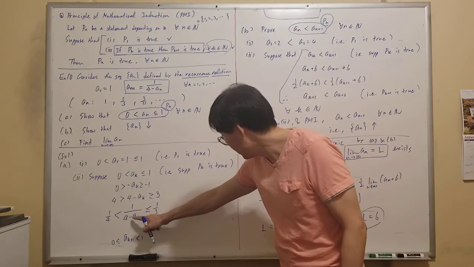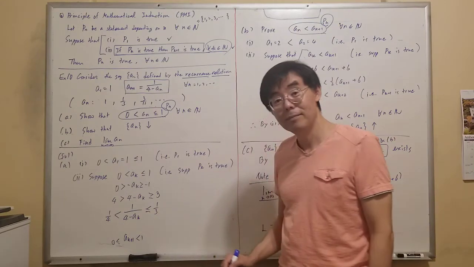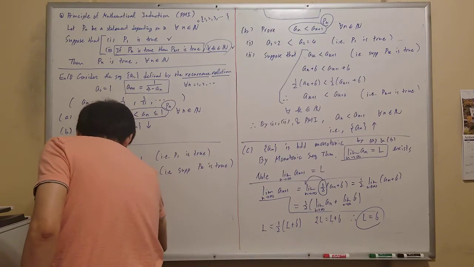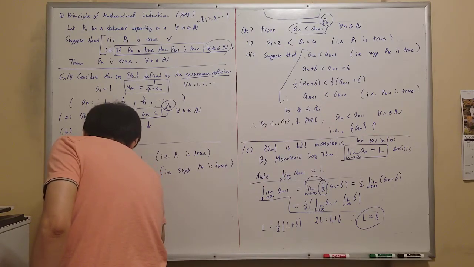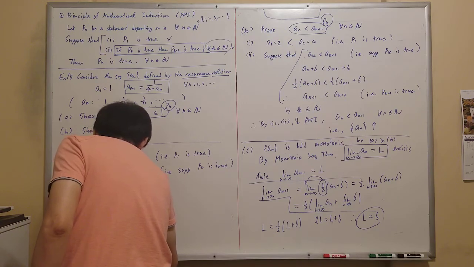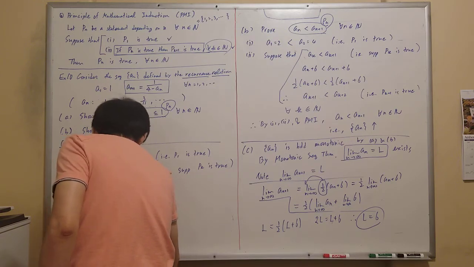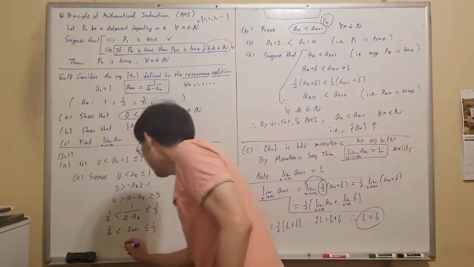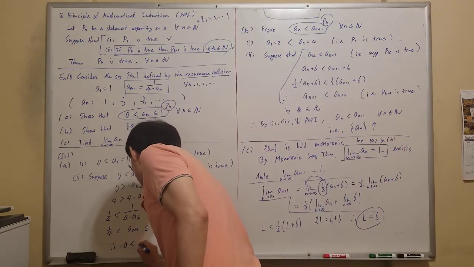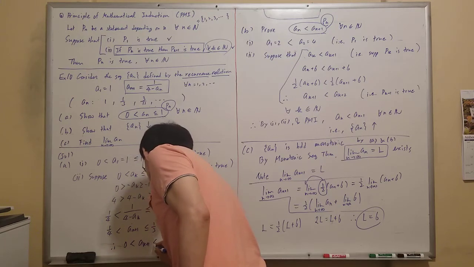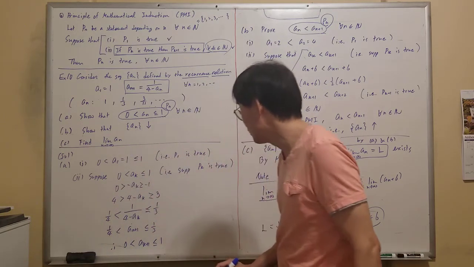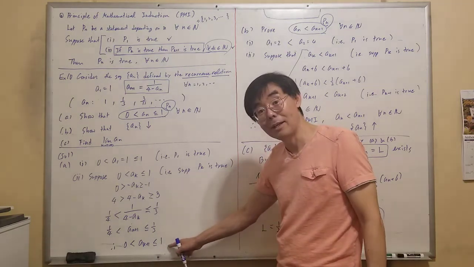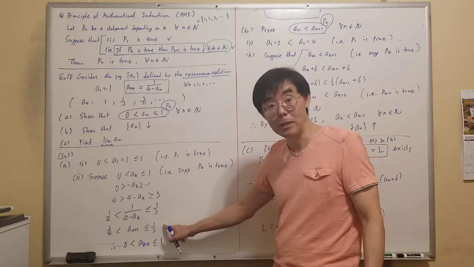So indeed, that is exactly a_{k+1}. We proved that this is actually between 1/4 and 1/3. But anyway, this is more than enough to say that indeed a_{k+1} is between 0 and 1. We proved a much stronger one, but that's okay. This is all we need. We did more than we needed to do.